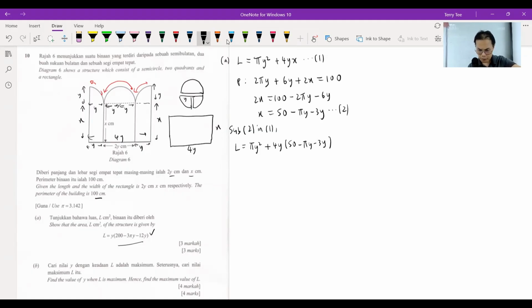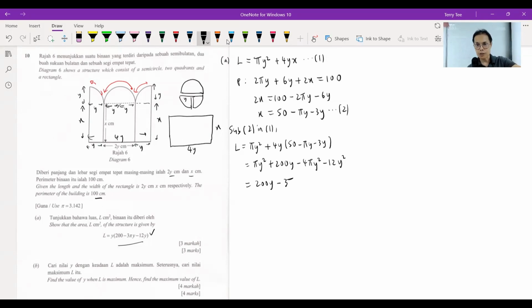Okay, so we can expand this. This is pi y squared plus 200y minus 4 pi y squared minus 12y squared. Okay, we can subtract your pi y squared and minus 4 pi y squared.